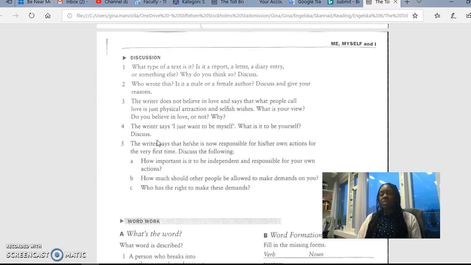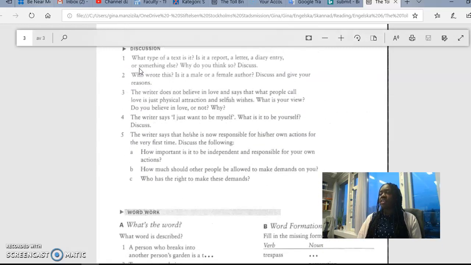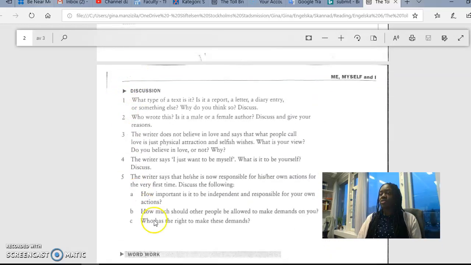The first thing is you read the text, and then you come to page 55, and you answer these discussion questions. As you see, it is discussion, meaning that you're not just writing one thing, you're rather elaborating your answers, and you are making different forms of reflective discussion based on the question that is asked.